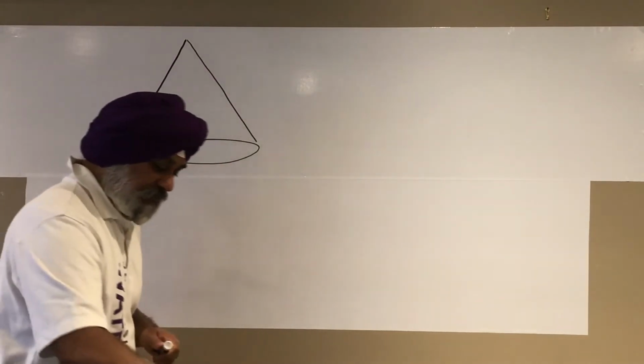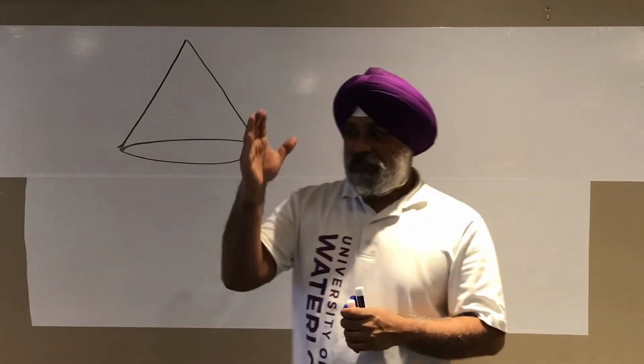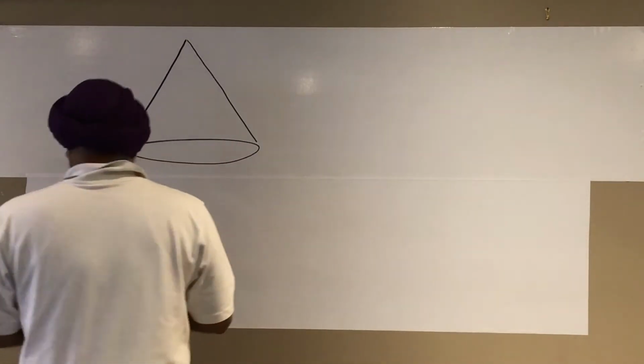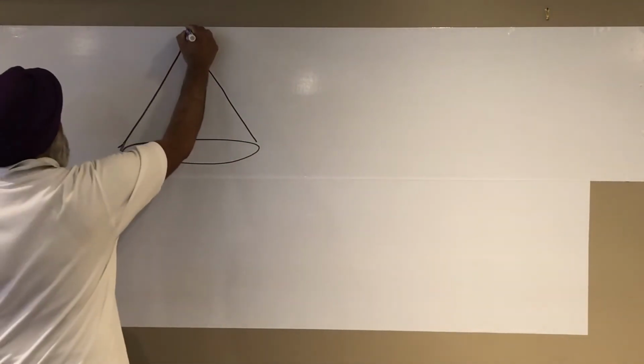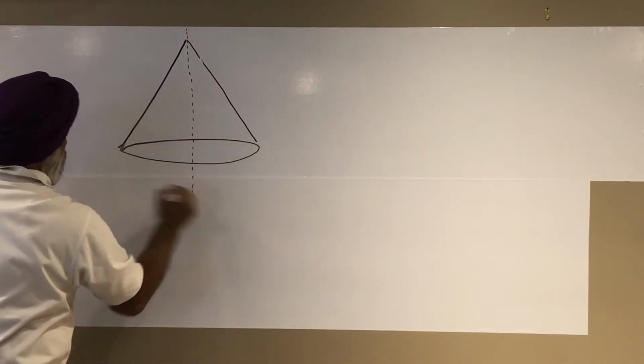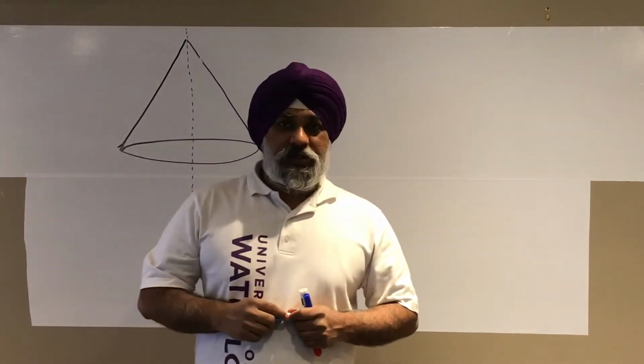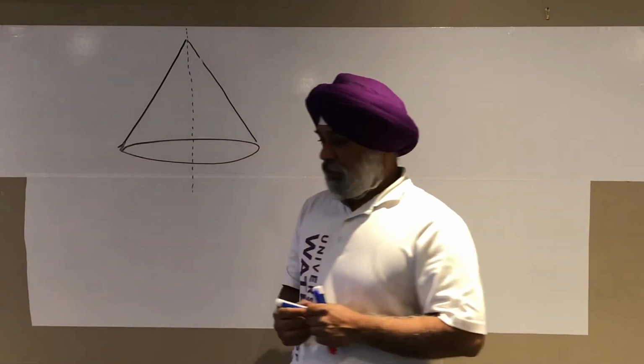So again, we have to define the coordinate system. Obviously the z-axis should be going through the center. But the question is, where should I put the origin? You have two obvious choices here.